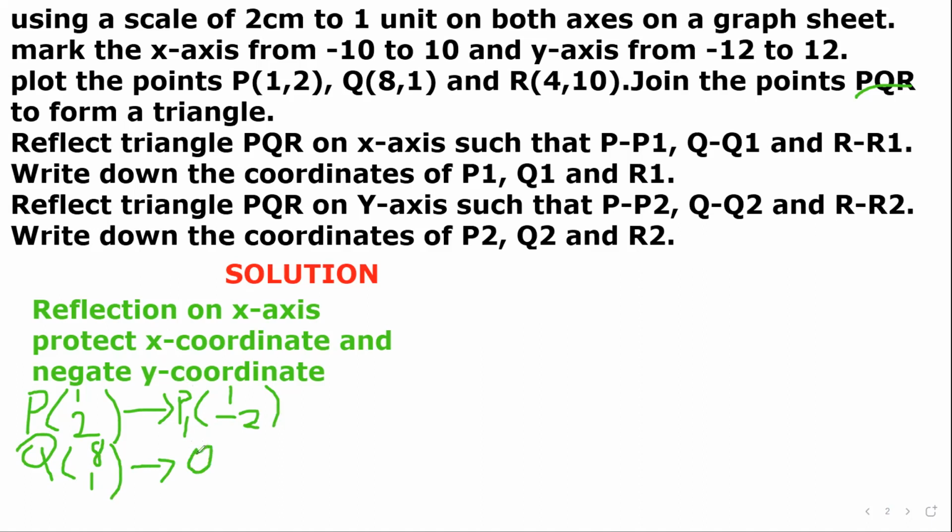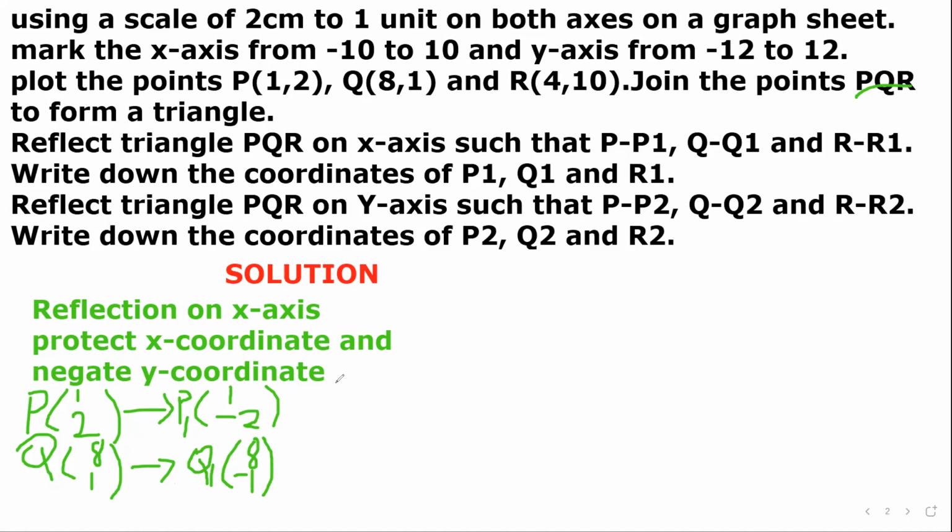So whenever the point is reflected on x-axis, you are going to protect the x coordinate. The x coordinate here is what? Is 8, okay? And then the y coordinate will suffer with a minus sign, and that will be the 8 and -1.